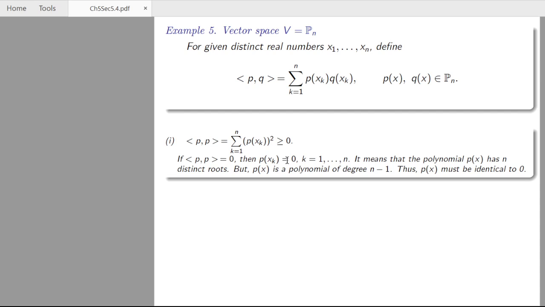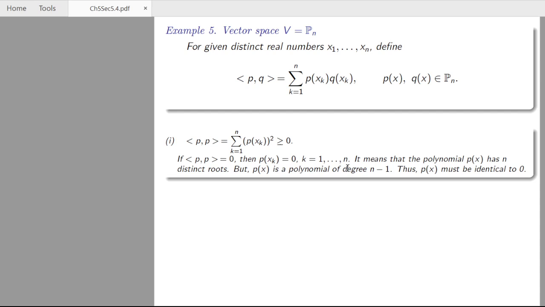Now, here we can say p(xk) equals 0. These x1, x2, ..., xn are different, so this means the polynomial p(x) has n distinct roots. But p(x) is a polynomial of degree at most n minus 1.